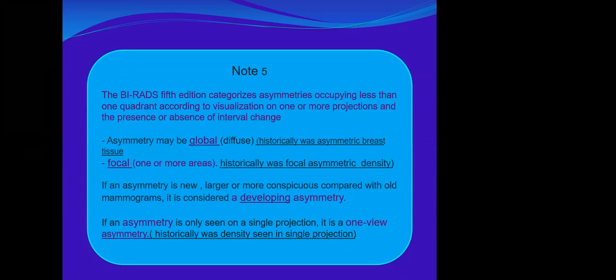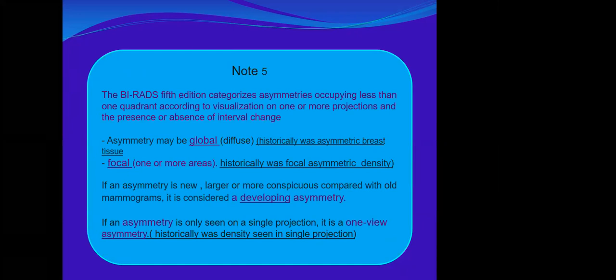The BI-RADS 5th edition characterizes asymmetries occupying less than one quadrant according to visualization on one or more projections and the presence or absence of interval change, as you know.